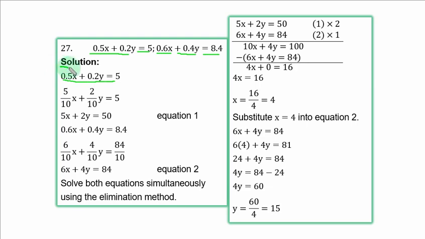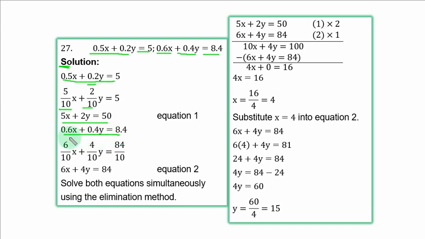Now if you convert this decimal fraction to ordinary fraction, you have 5 over 10. This 0.2 becomes 2 over 10. So multiply through by 10 to clear fractions. You have 5s plus 2y equal to 50. That is equation 1.